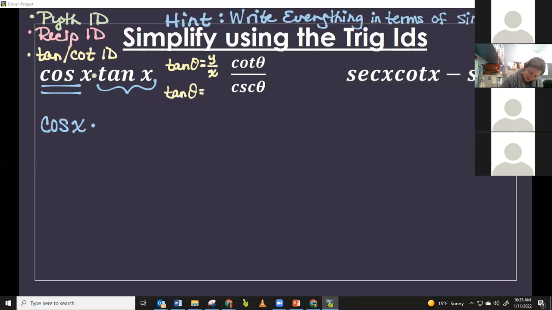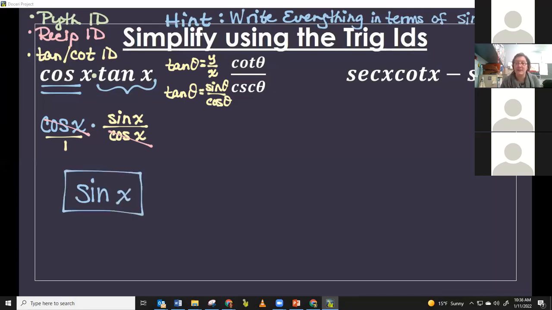Tangent of theta is equal to sine theta over cosine theta. So I'm going to rewrite this as sine x over cosine x. When I multiply these two together, what happens? The cosine cancels out. And so what would this whole thing simplify to? Sine x. Yes.